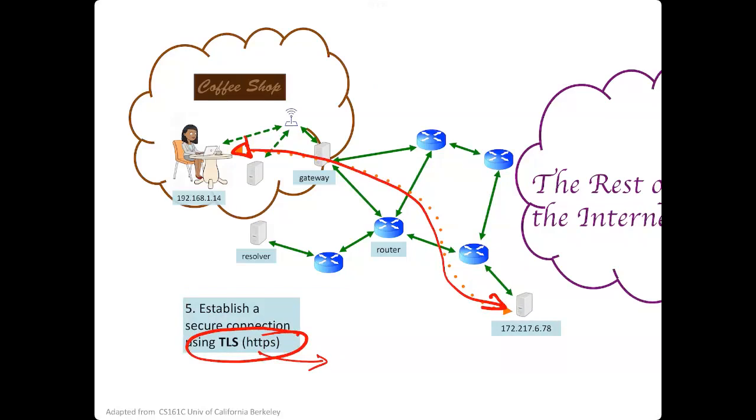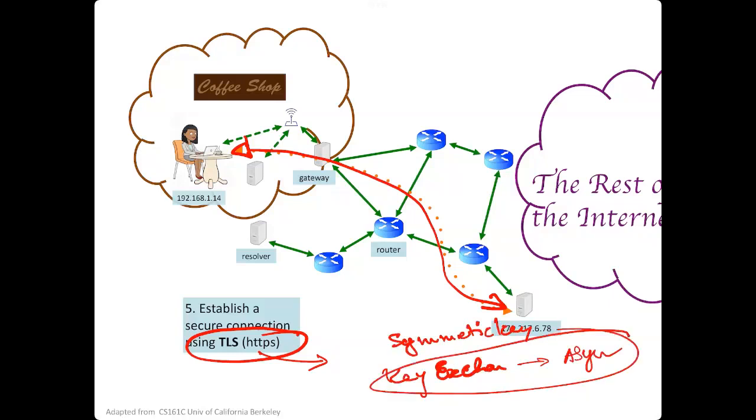Of course, again it will be a symmetric key, and key exchange has to happen, and that will happen over asymmetric key encryption. So you can use, for example, RSA or Diffie-Hellman.